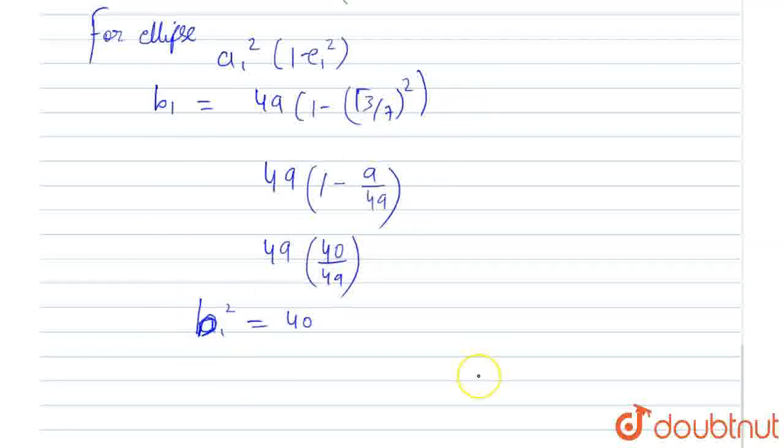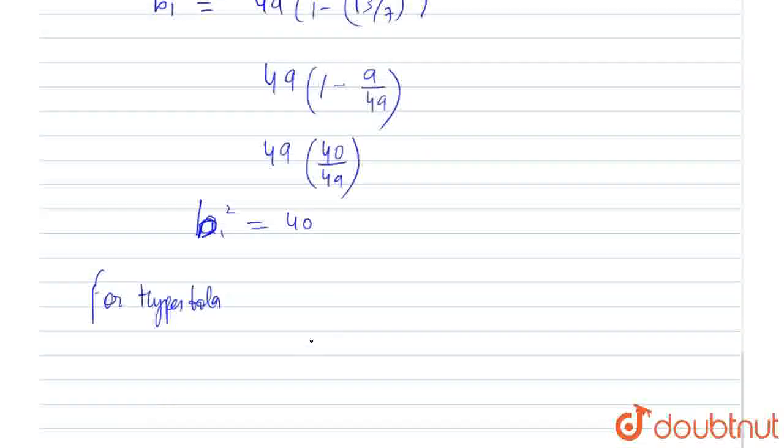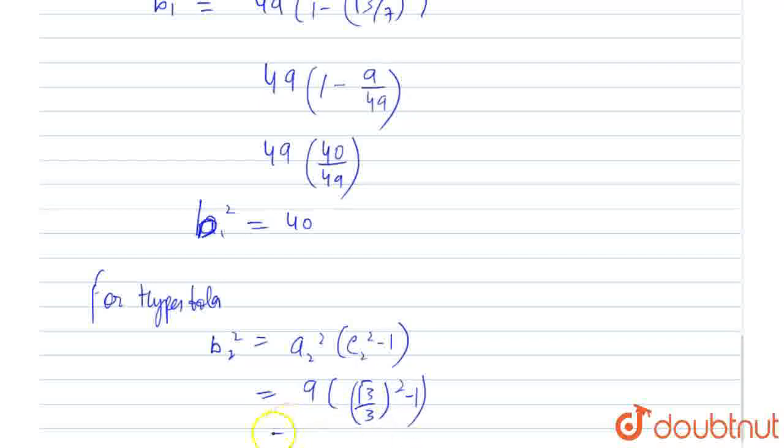And then we can simplify for the hyperbola also. For the hyperbola, B2 square is equal to A2 square into E2 square minus 1, which is 9 into root 3 by 3 whole square minus 1.